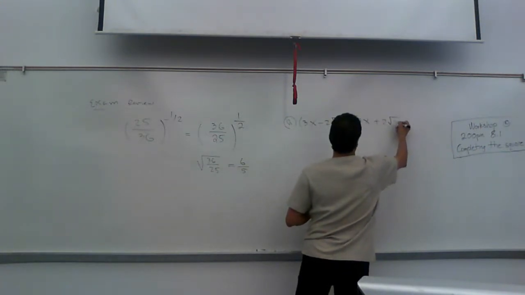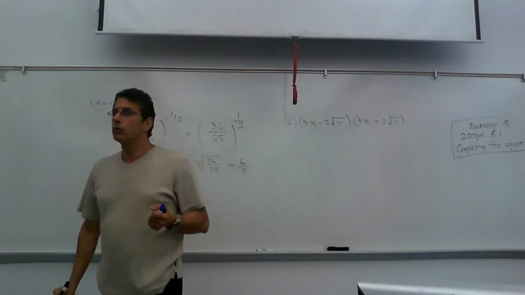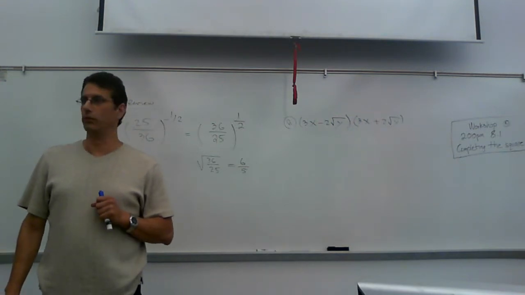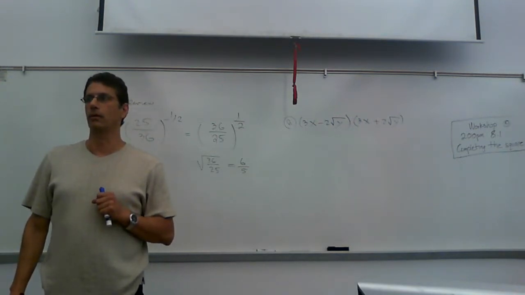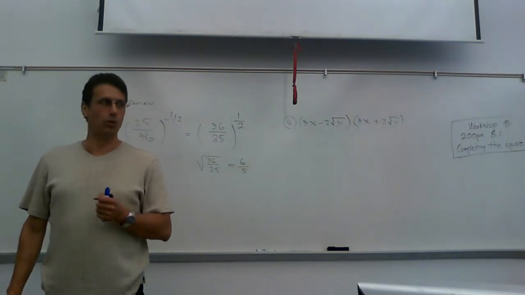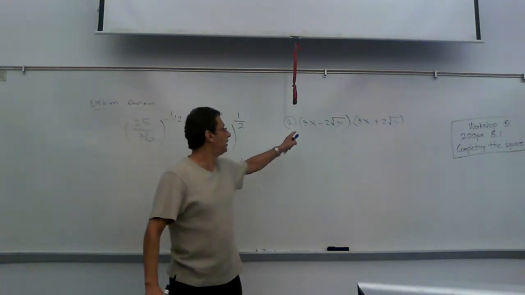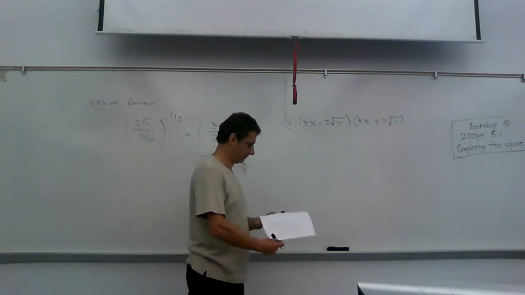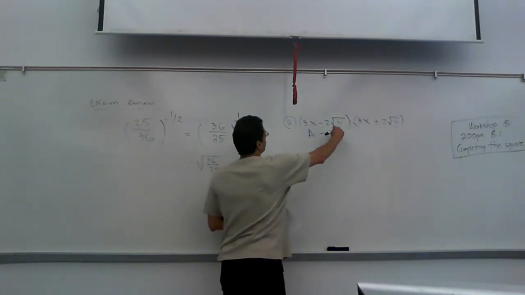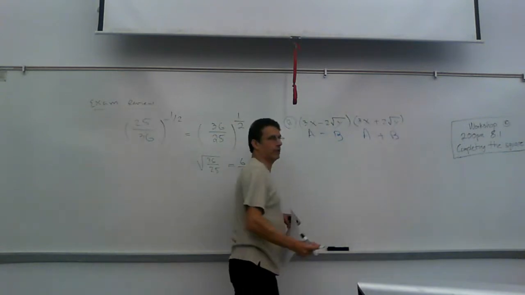Okay. Now, you can do the foiling, but you don't have to, because all of you are supposed to know what? Special product or special factor, in this case, special product. This is A minus B, this is A plus B, isn't it?